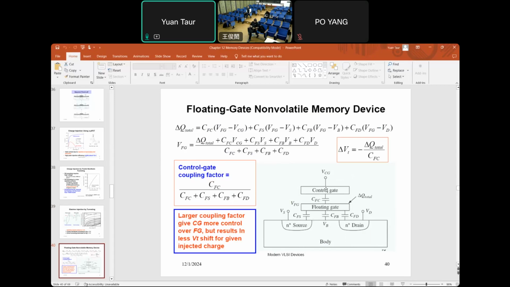So in general, we can write down the total charge on the floating gate, which is given by the charge of each of the capacitors, the four terms. The first is the capacitor between floating gate and control gate. The second term is between the floating gate and source, and so on.